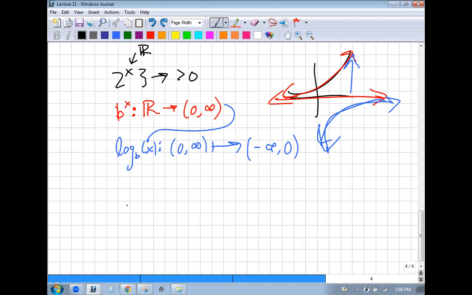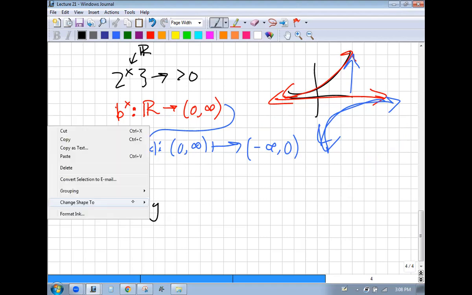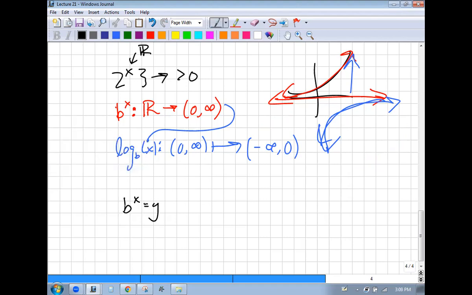So this saying a to the x equals y, or I'll call it b, b to the x equals y is the same thing as saying x equals log base b of y, okay? So think about this as a function. You plug in x in, it's an exponential, and you get an output. To say the same thing as a log, this statement is exactly the same as this statement.